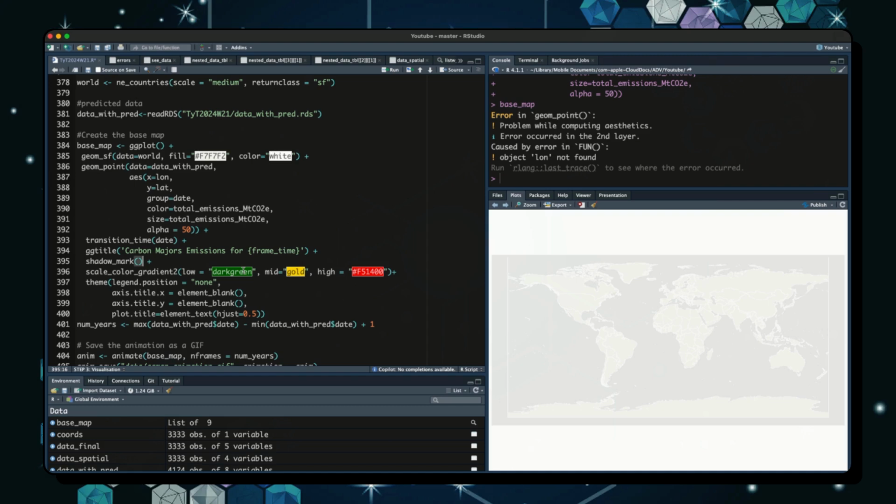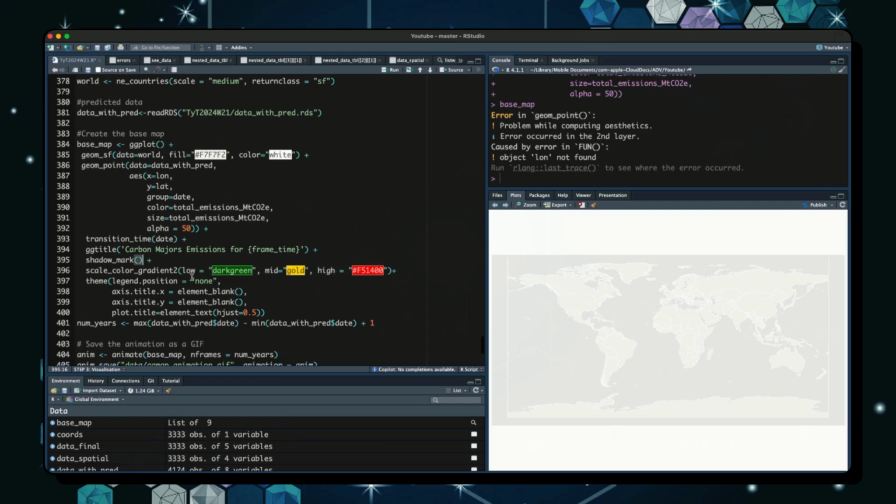I want my emission points to go from dark green, when they represent a low emission value, to yellow gold, where they represent a middle kind of emission, and to a nearly reddish orange, where they represent a high emission.